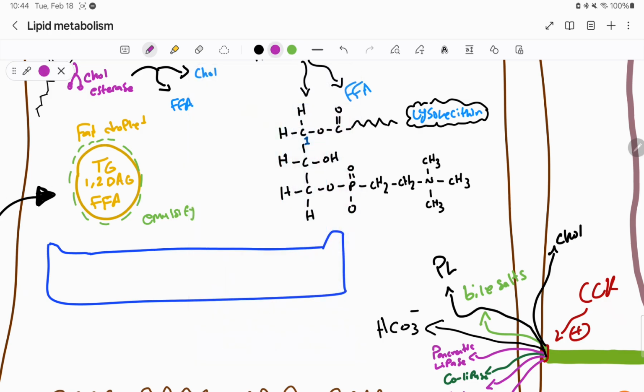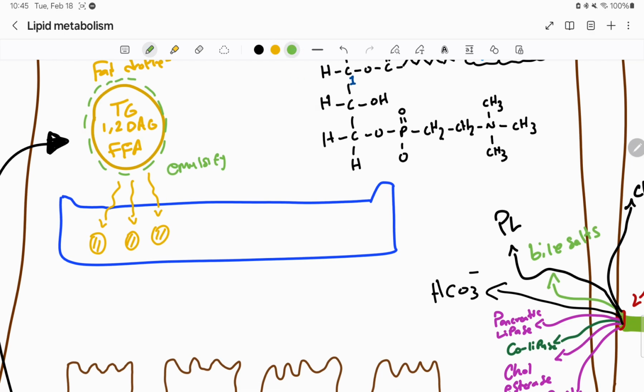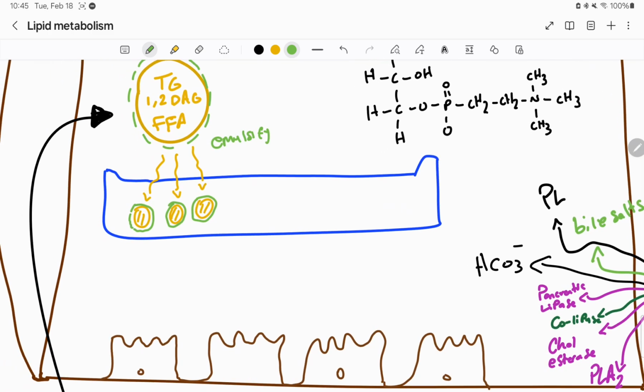And once this dude gets emulsified, look at what's going to happen to it. It'll break down into smaller particles. So here's a smaller fat droplet, okay? And it still has the bile salts surrounding it, stabilizing it, if you will.